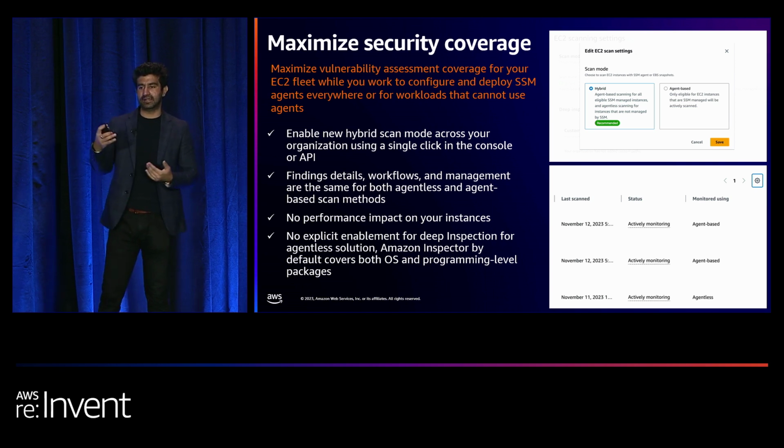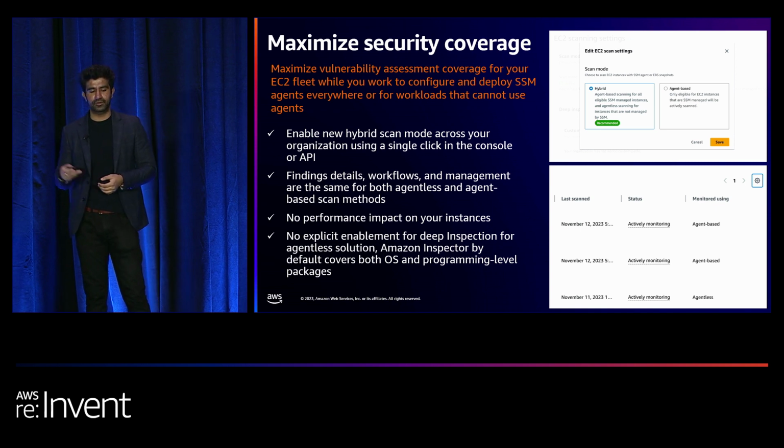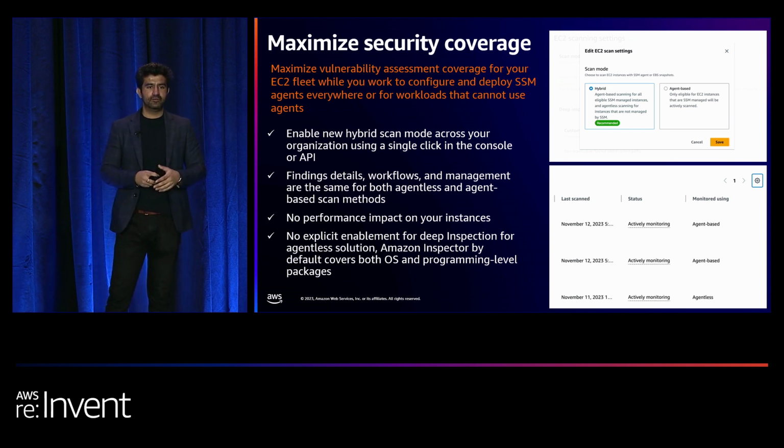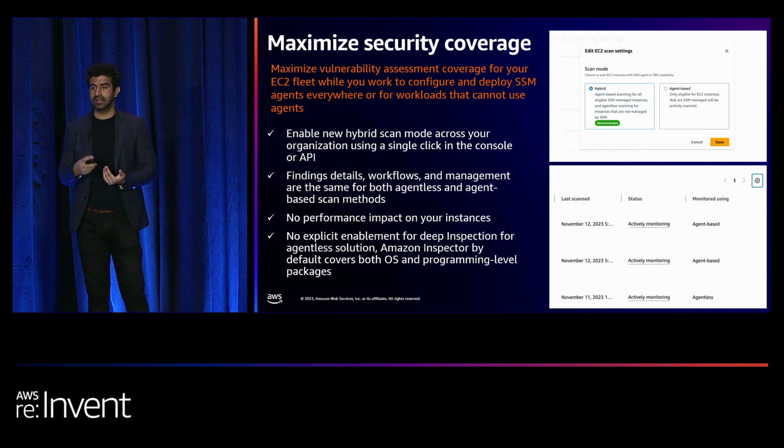At any given time, and during the demo I will show you, we have the coverage details as a part of discovery, like Rick mentioned. We tell you how many instances are being managed by Inspector. And with this launch, we hope it's very close to 100% at any given time.